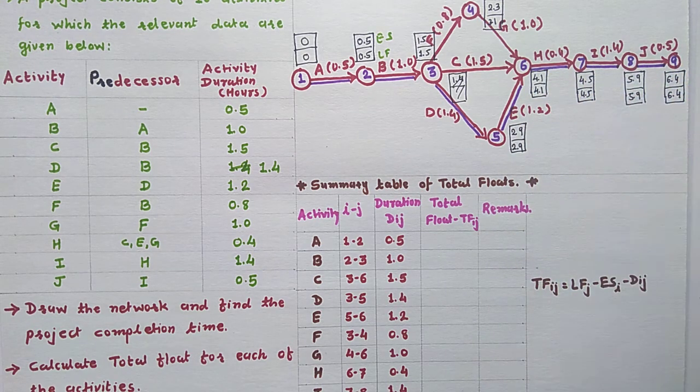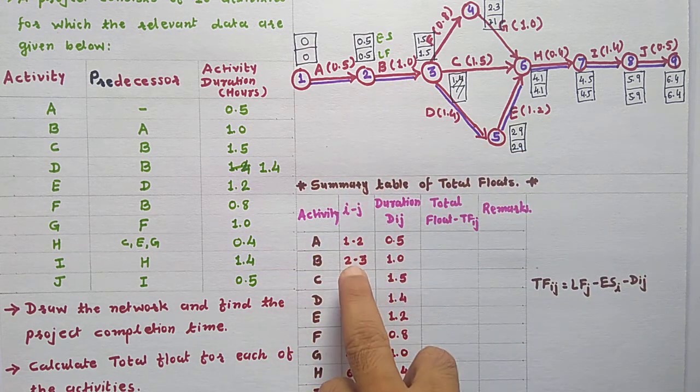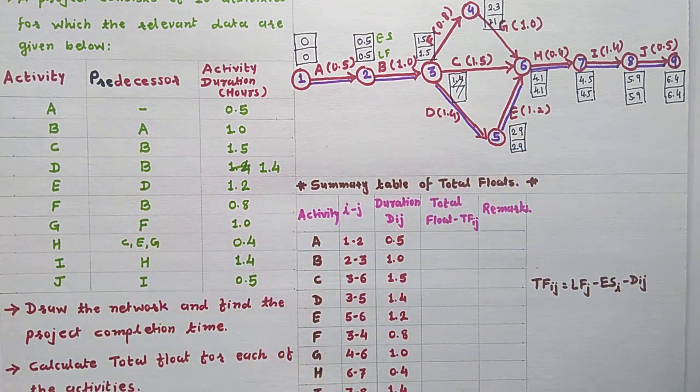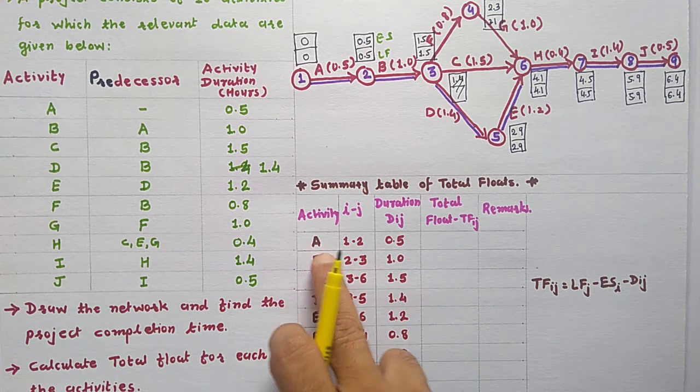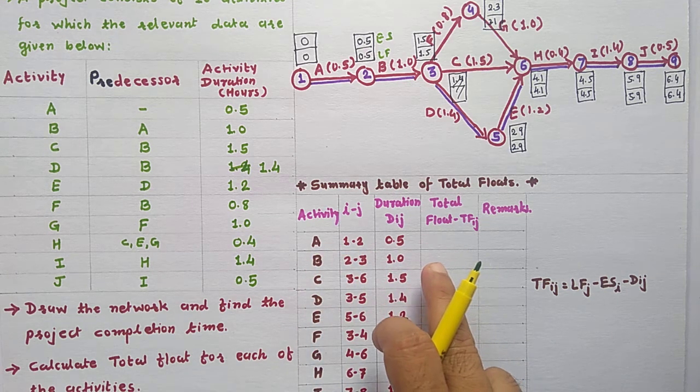Now determine the total float. The equation of total float is TF(i,j) equals latest finish time of head event minus earliest start time of tail event minus duration. So make this type of summary table and put all the values of total float against all activities.